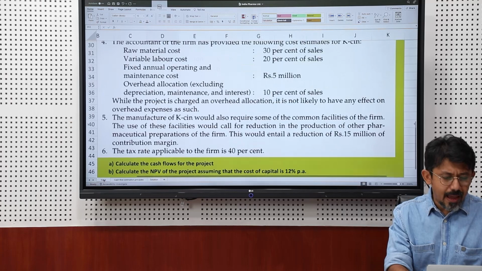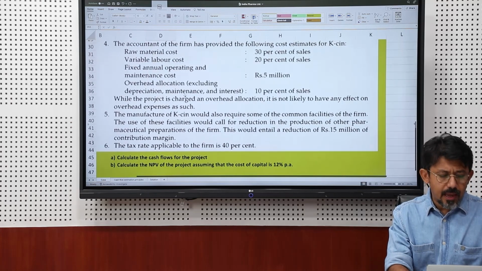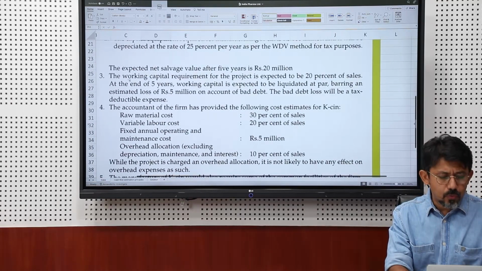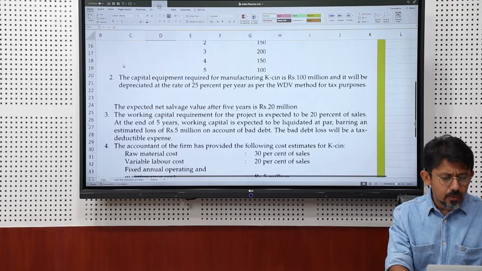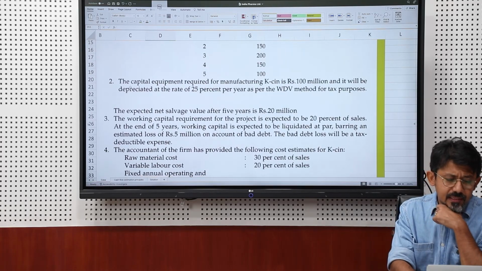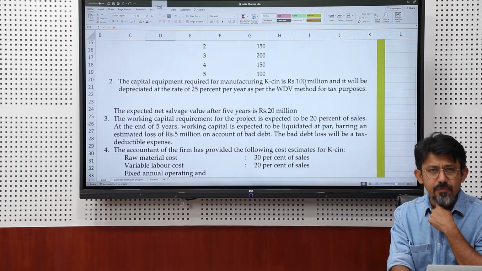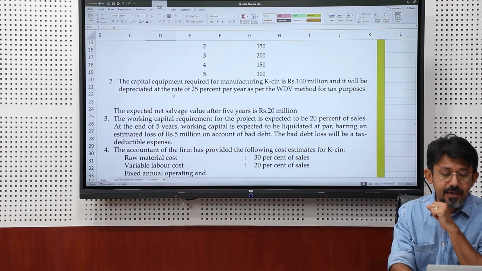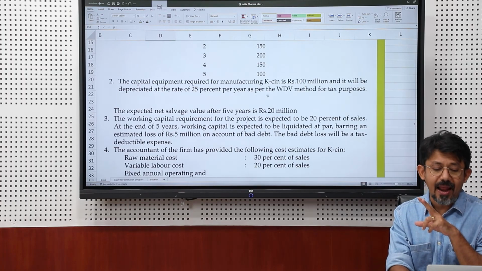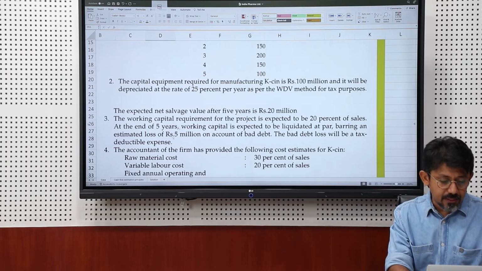Let me then come back to the case and come back to the working capital point. The second point over here, that the capital expenditure is 100 million, we have recorded that, and it will be depreciated at 25% per annum as per WDV method.